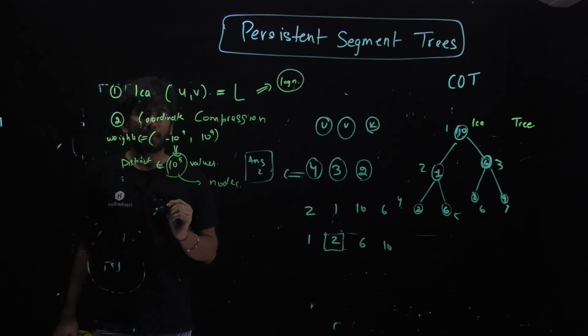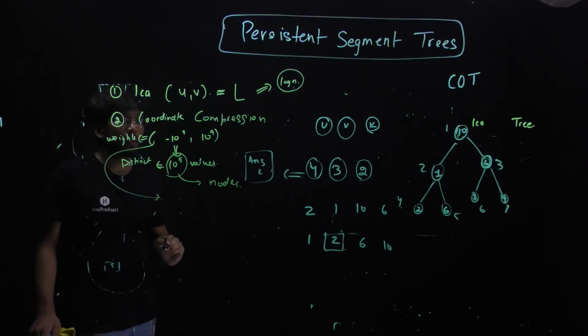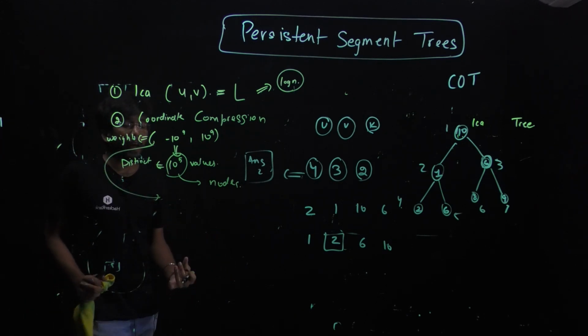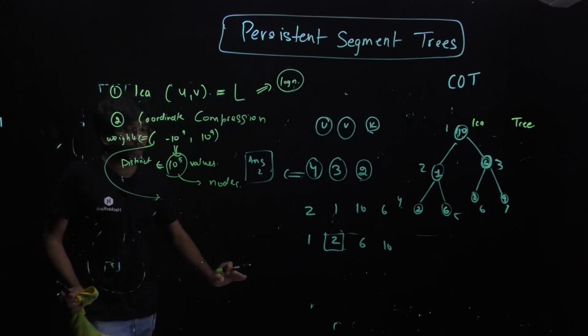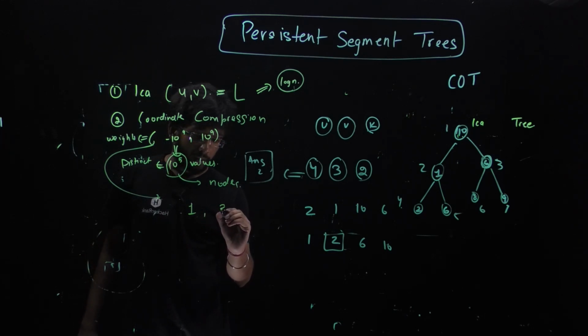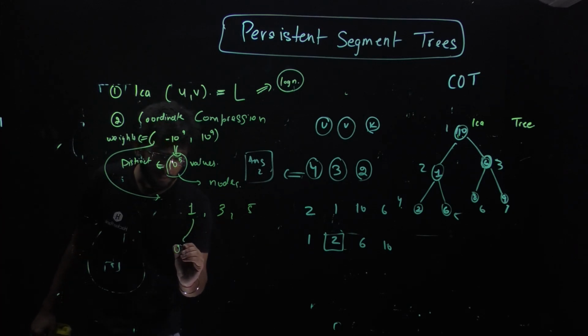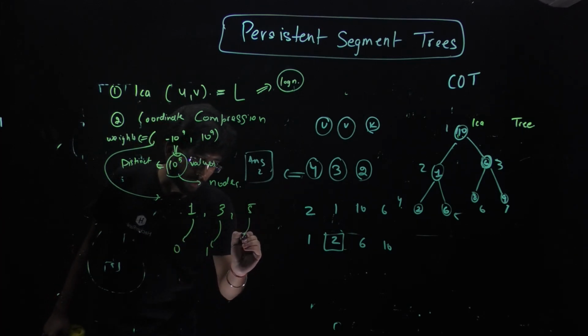So in this case, we can compress these values to some other values so that we can work on a segment tree. So the values like 1, 3 and 5, let's assume, can be mapped to 0, 1 and 2.